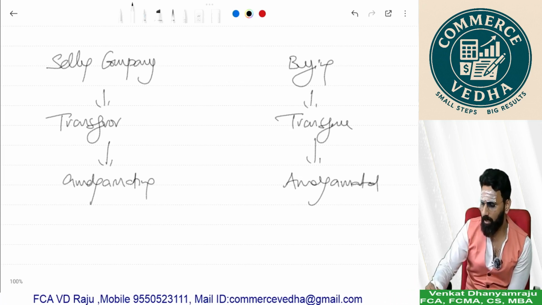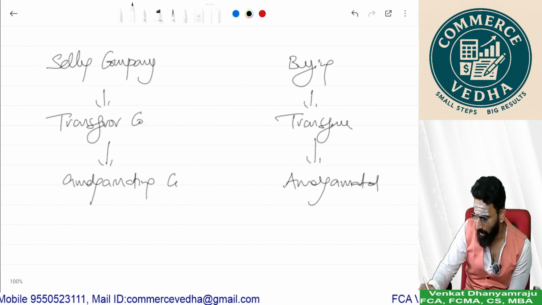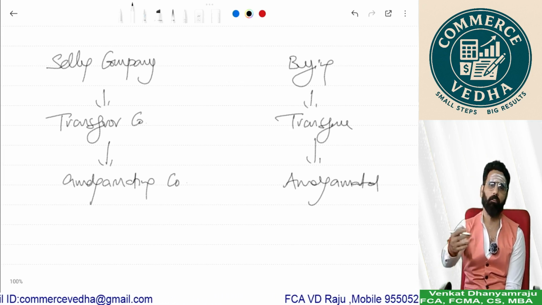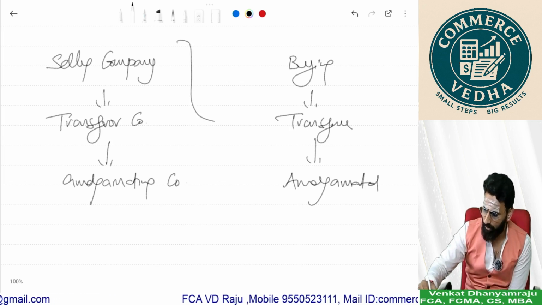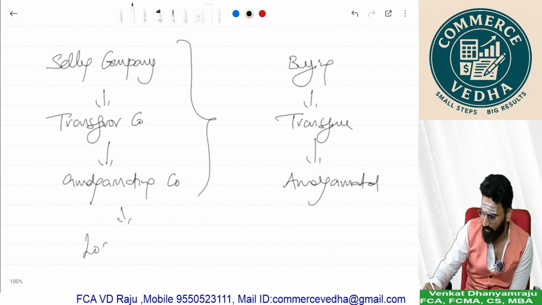So selling company, transferor company, amalgamating company, whatever name you give it, this company is losing its existence.